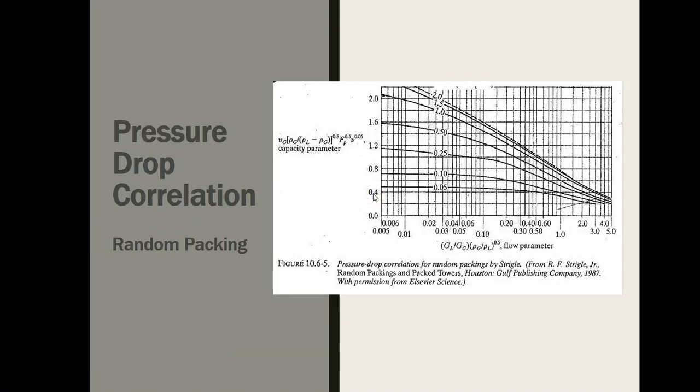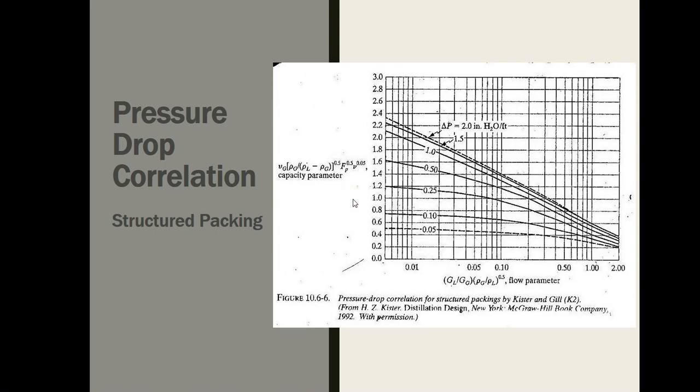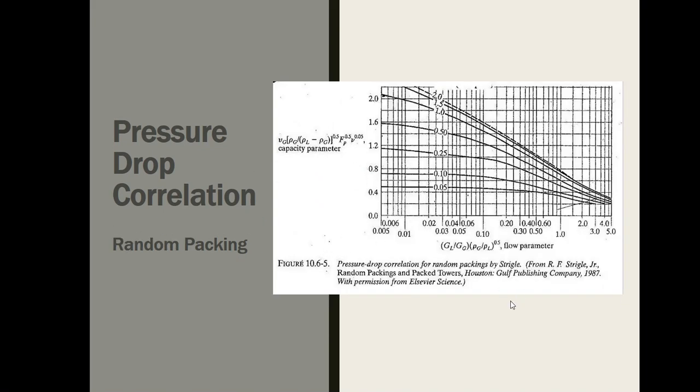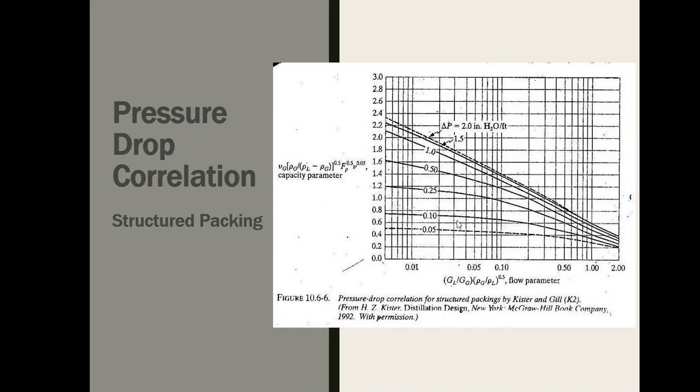So the pressure correlation, or the pressure drop correlation, for both random packing and structured packing will be using unique tables. So one is only applicable for random packing and the other one for structured packing. Both utilize the pressure drop that was determined in the formula that was given. So in the horizontal axis, we solve first the flow parameter.